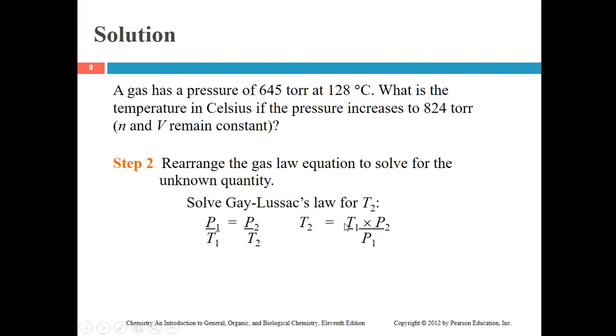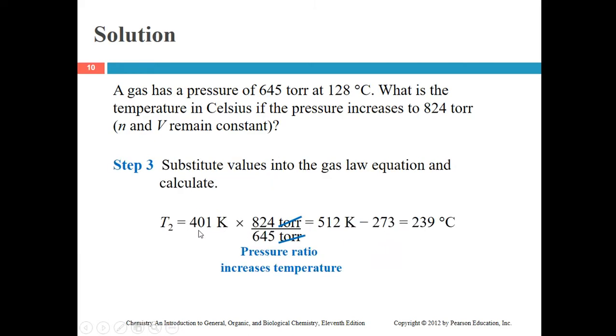So to solve for the second temperature, when you rearrange our law, we have T2 equals T1 times P2 over P1, which is 401 K times 824 torr over 645 torr is 512 Kelvin.